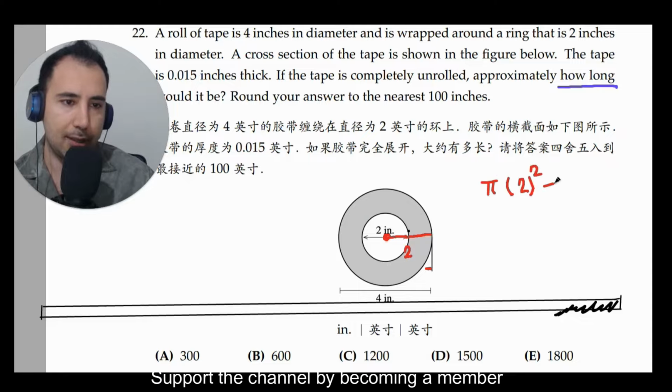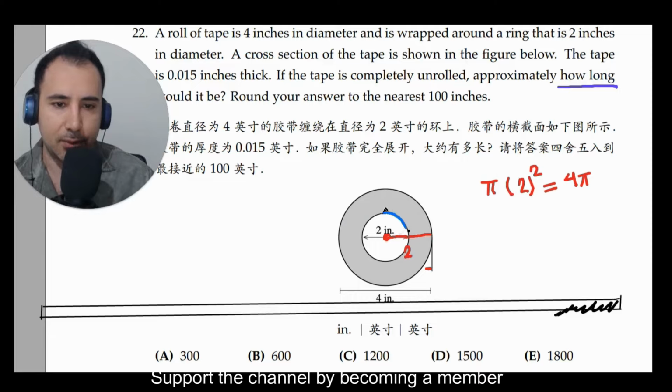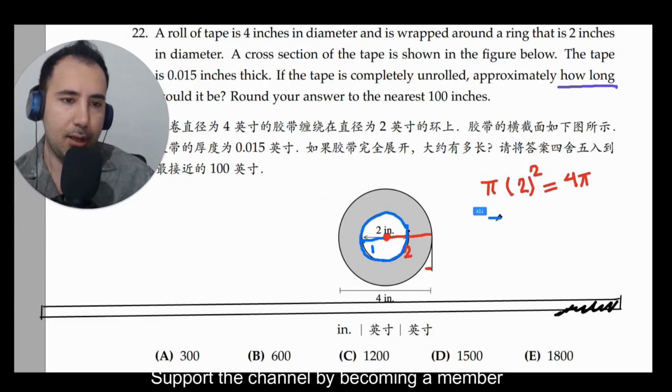The big one is actually 4 pi. Then minus the area of the ring that is inside. This is only 1 inch. So the blue one is pi times 1 squared, which is going to be 1 pi.